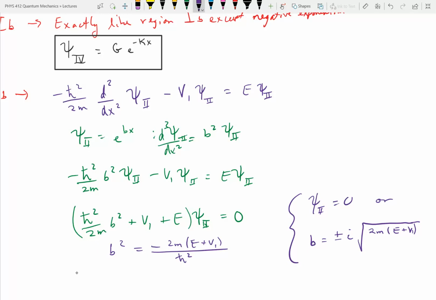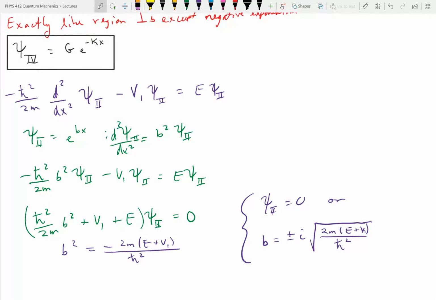So it's going to be a positive value inside the square root. It's virtually the same, except in this case, we had the square root of a negative, so we had to bring out the i.